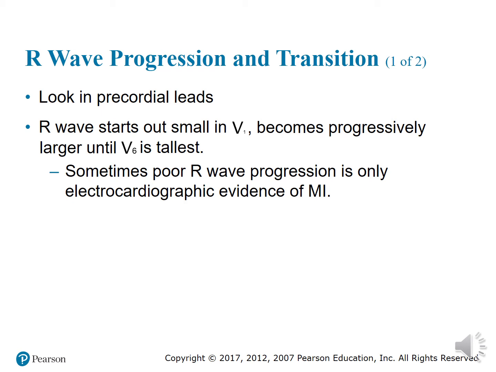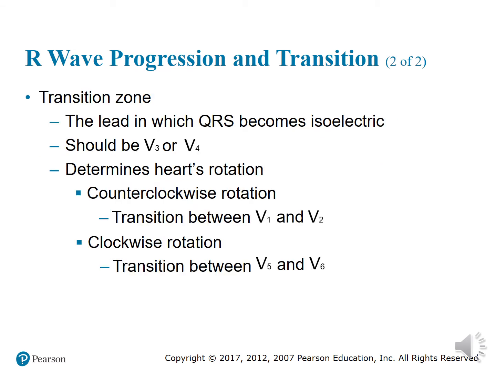So sometimes you may not see everything, but looking at that R wave lets you know that there's something going on and we need to do some further investigation. The transition zone, the lead in which the QRS becomes isoelectric, should be V3 or V4. So we're going to start looking at those leads.